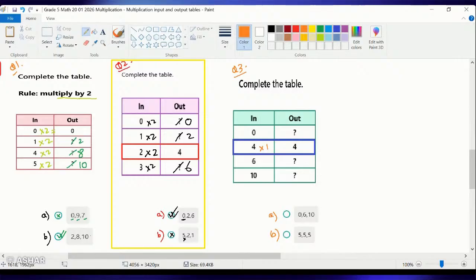That means each number in the input is multiplied by 1. 0 multiplied by 1, 6 multiplied by 1, and 10 multiplied by 1. And we know that 0 multiplied by any number is always 0, right?